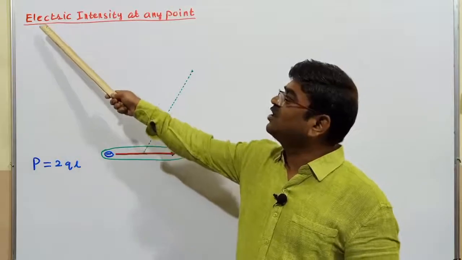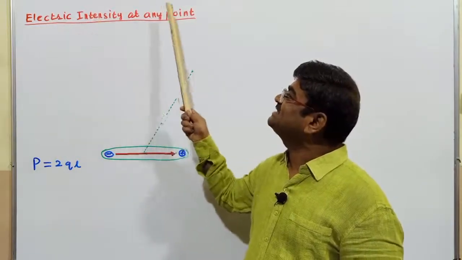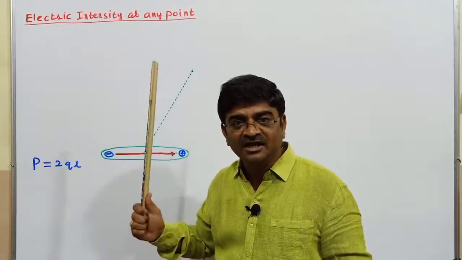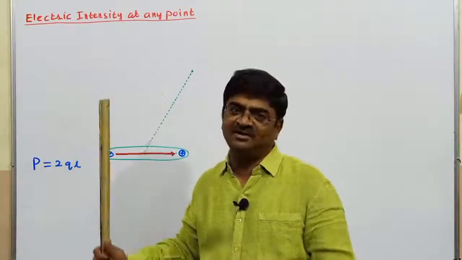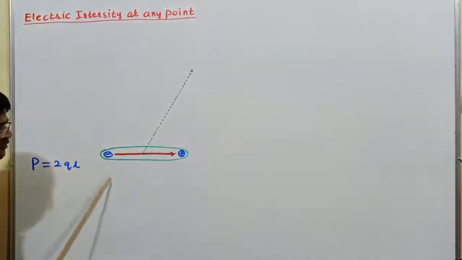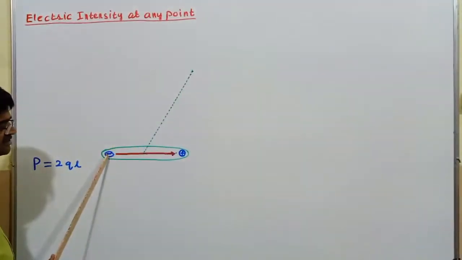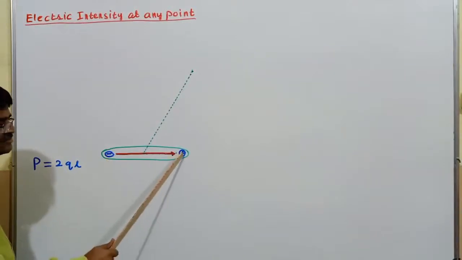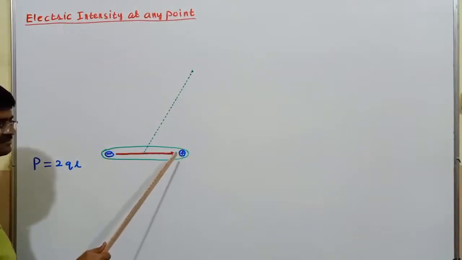So I am going to work out electric intensity at any point in the field of a dipole. For that, I have shown you this as a dipole. Negative charge of the dipole I have at this location, positive charge at this location.